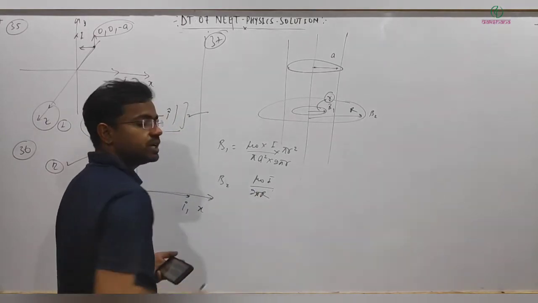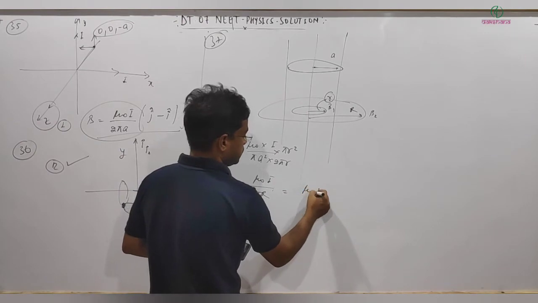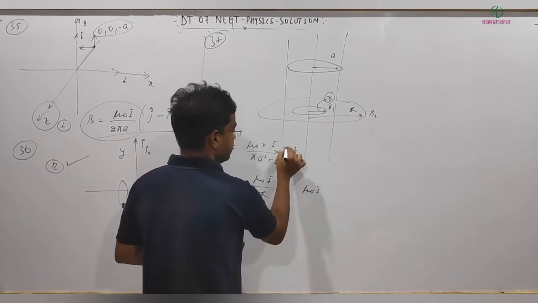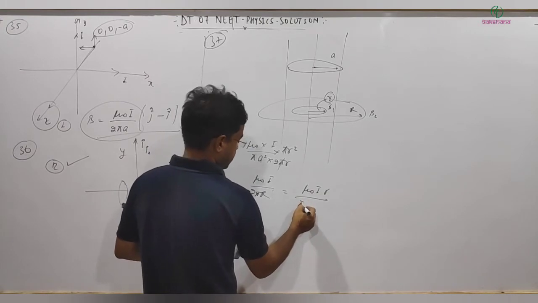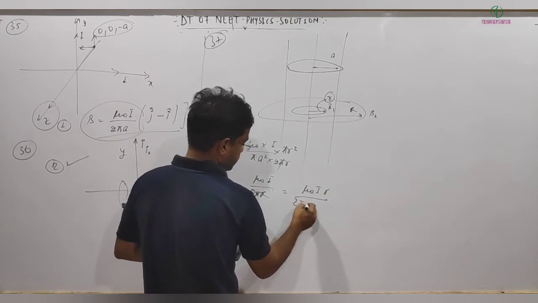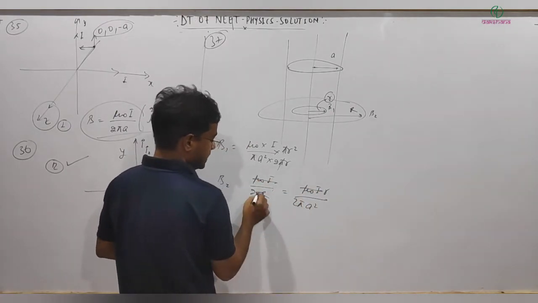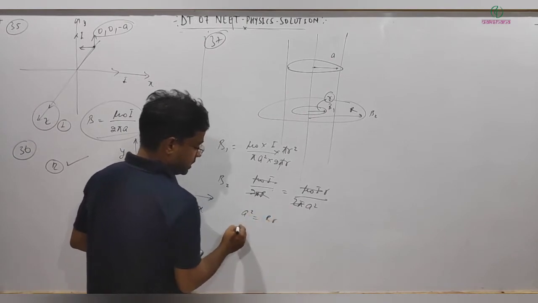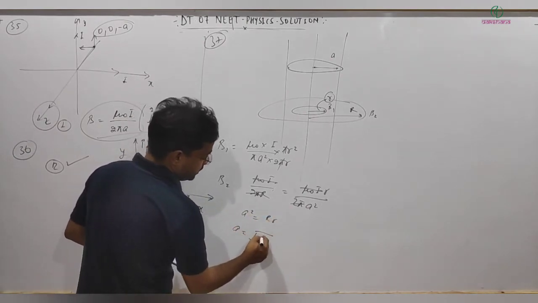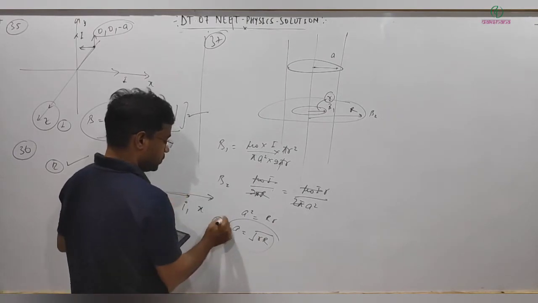It's mentioned B1 and B2 are equal, so mu naught I, pi gets cancelled, and r divided by 2 A square equals 1 divided by R. The 2 pi gets cancelled, and A square is equal to r times R, so A is under root small r capital R. That matches option number 2.